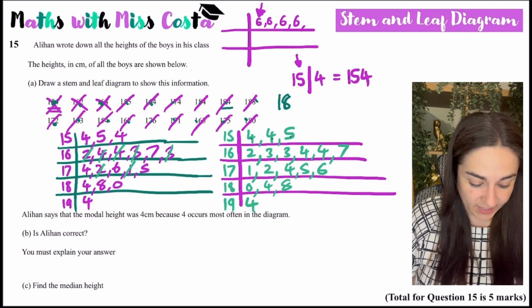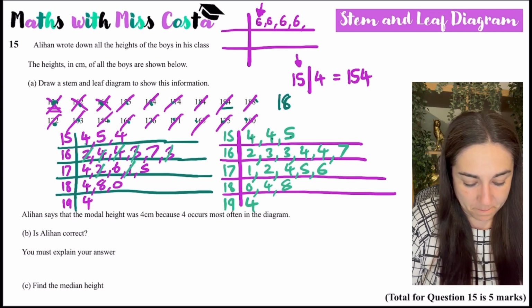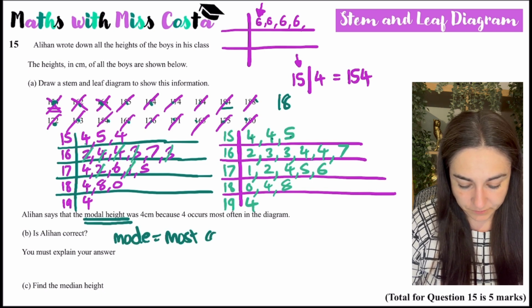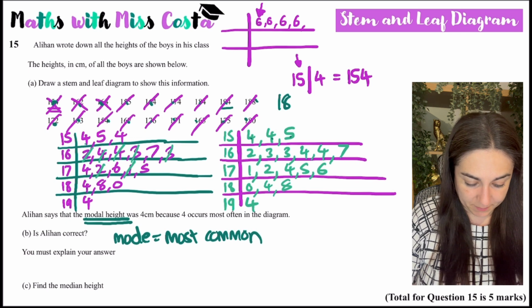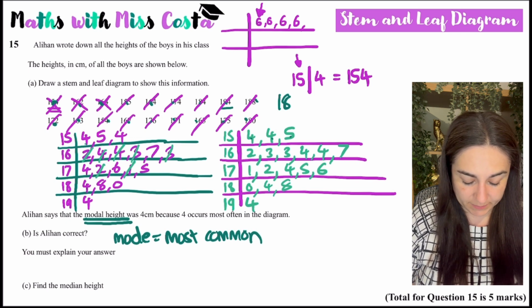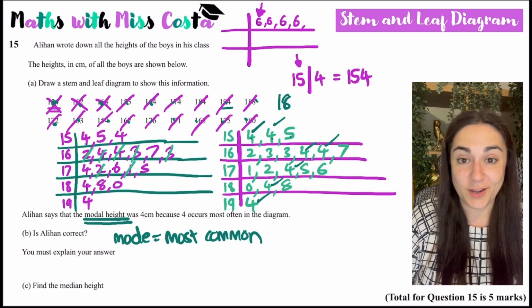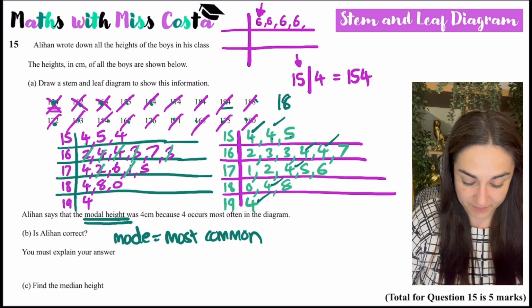Then I'm told that Allahan says that the modal height, modal is just the plural for mode, which means the most common, is 4 because 4 occurs most often in the diagram. Well, that's correct. There's a 4 here, here, here, here, here, here, and here, which is definitely the most frequently occurring single digit.